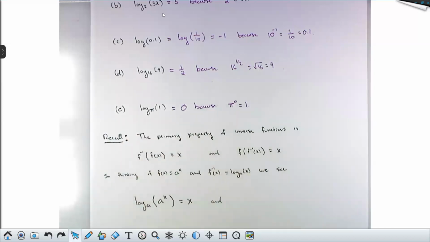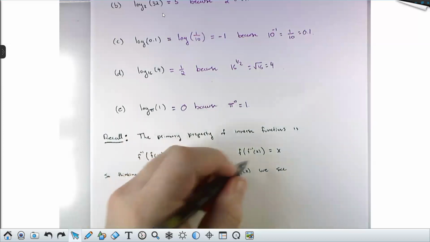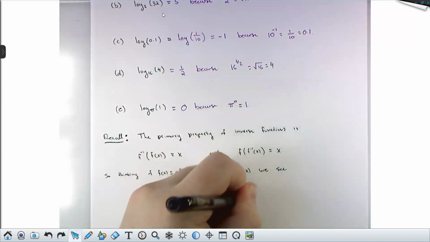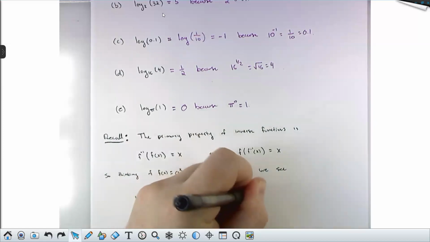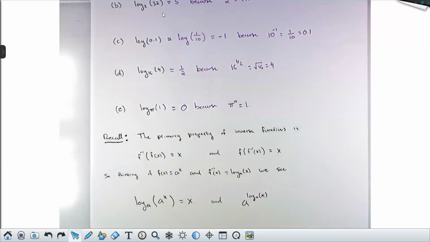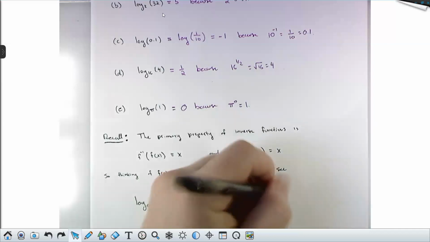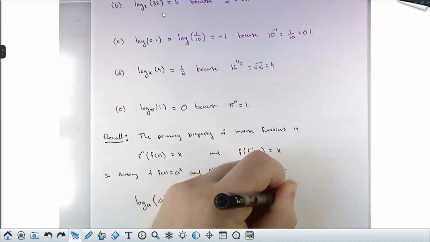Composing in the other way, we get the same thing. So what is f of f inverse? Well, f would be a to the, and then f inverse is the log base a. So f of f inverse of x would be a raised to the power of log base a of x. This is also equal to x.